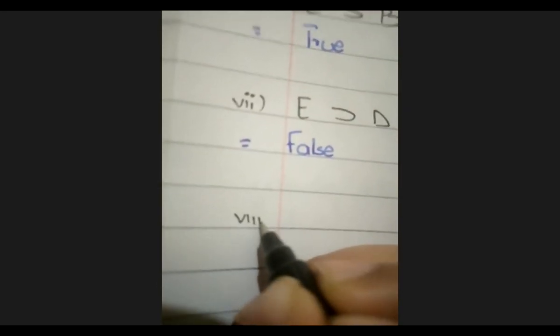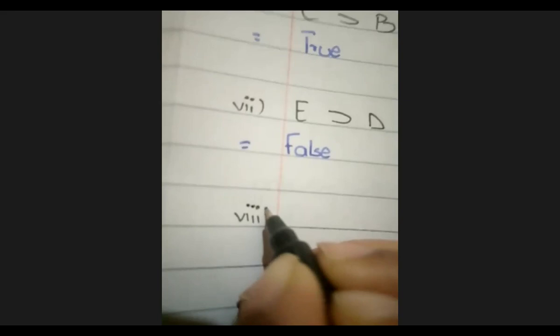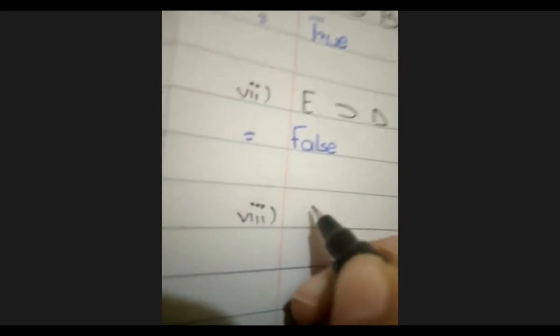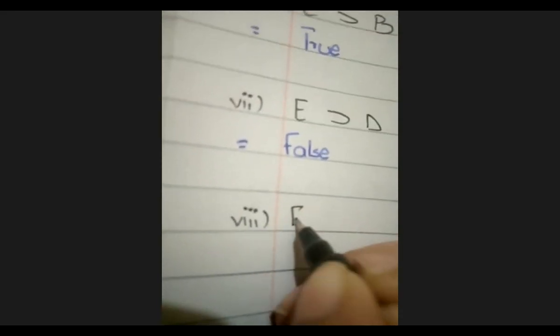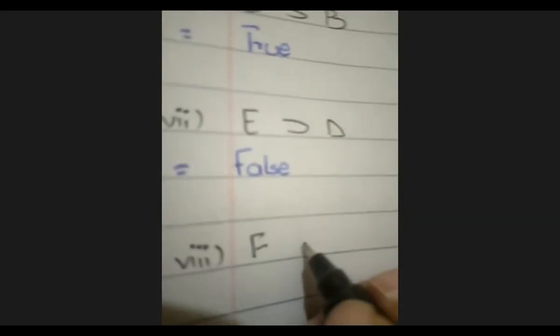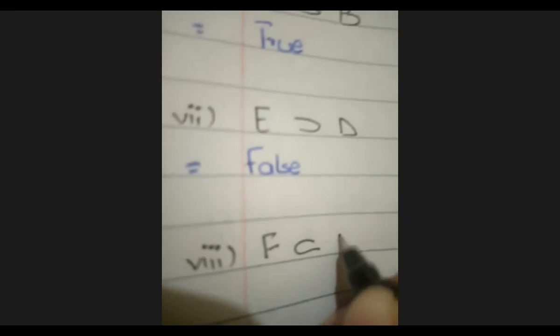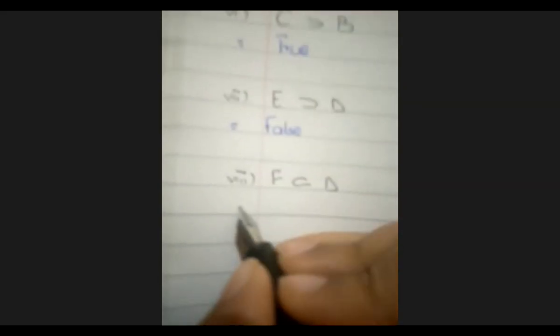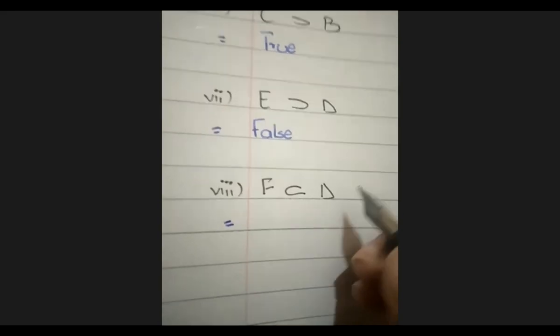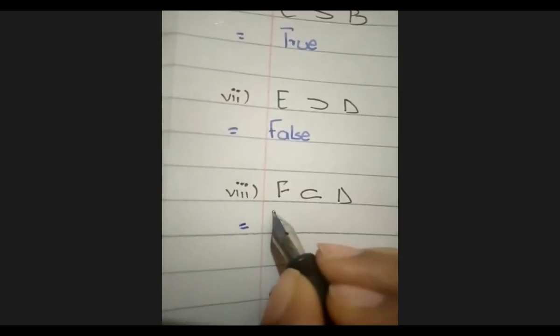Now number 8: F is a subset of D. True or false? The answer is true.